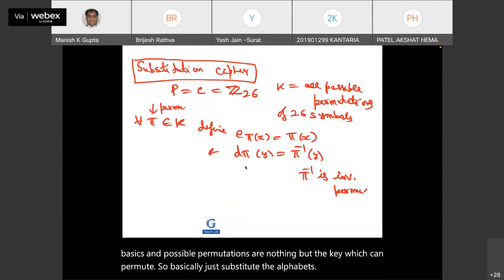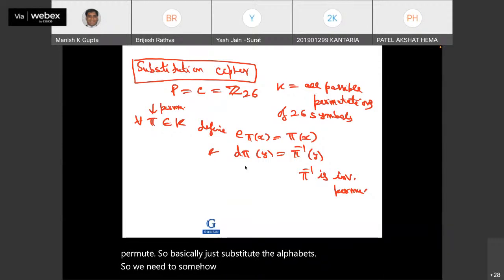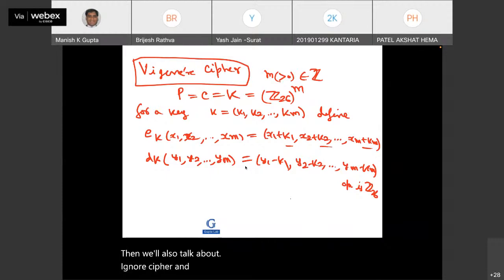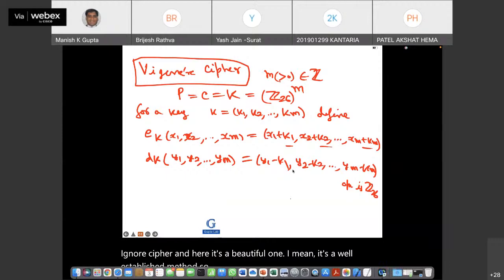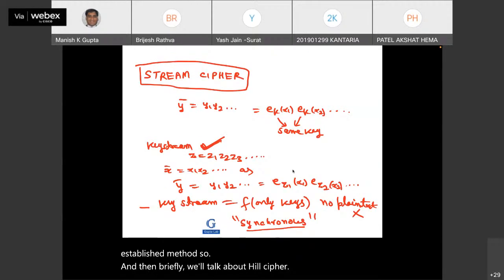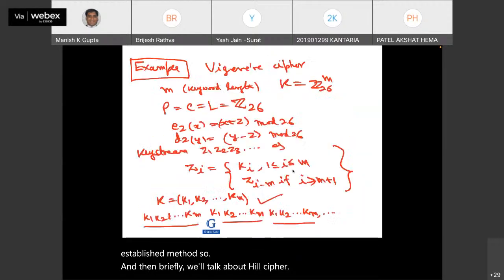We need to somehow break this system. Then we will also talk about the Vigenère cipher, which is a beautiful one, a well-established method, and then briefly we'll talk about Hill cipher.